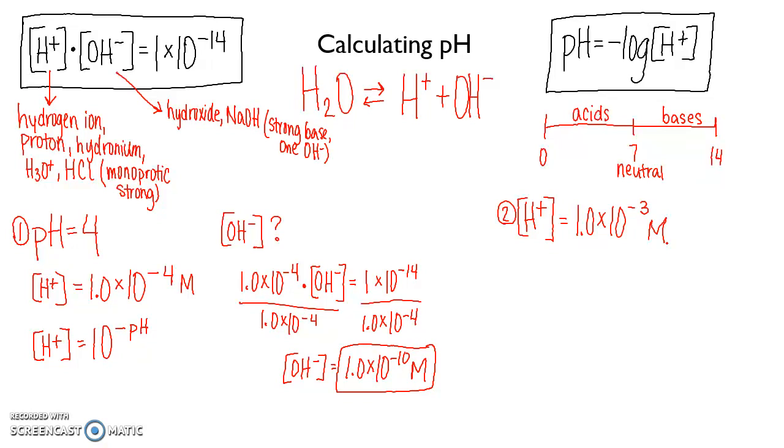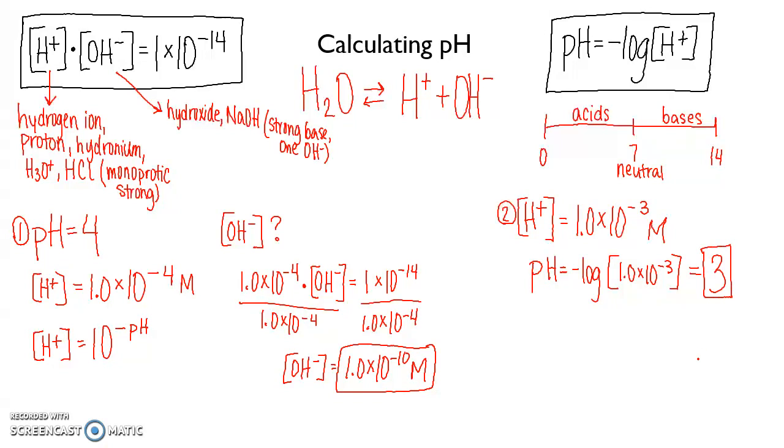The pH is simply going to be the negative log, and again, you can put this in your calculator. If you don't know how, go watch the tutorial on it. The negative log of the H plus concentration, in this case 1 times 10 to the negative 3, and you should get the opposite of this exponent, which is simply 3.